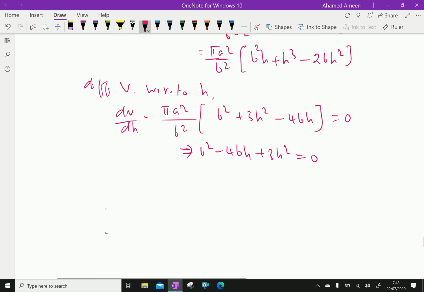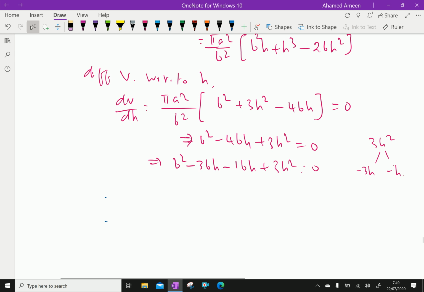Here it's a quadratic in terms of B. We will solve it. We split 3H squared: B squared minus 3BH minus 1BH plus 3H squared equal to 0.